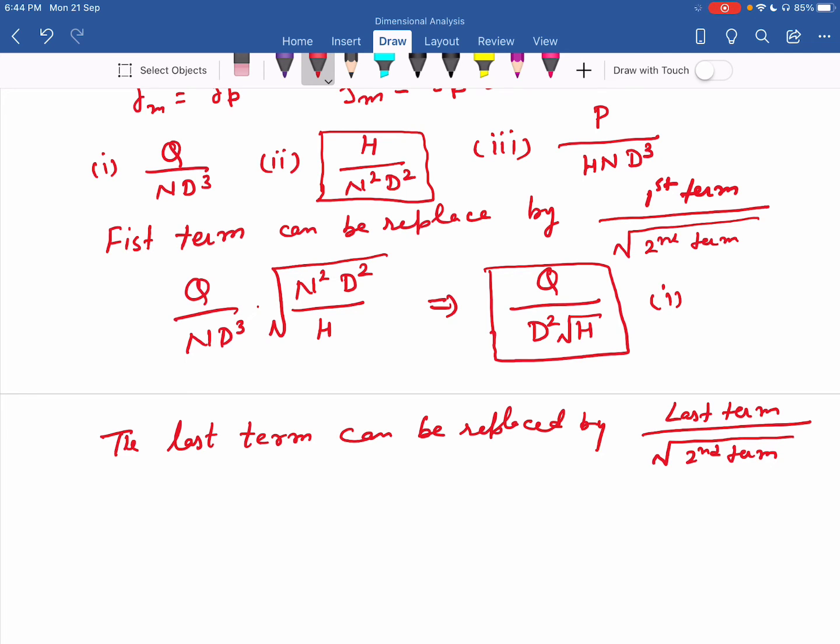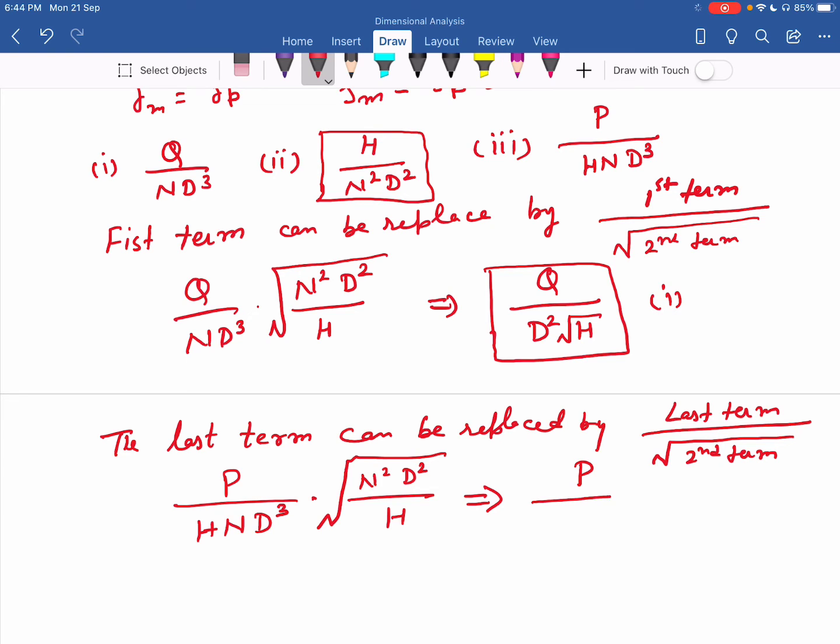So I can write the last term as P divided by H N D cube into under root of N square D square divided by H. So that I can write as P upon D square H raised to power 3 by 2. So this is my third term now.